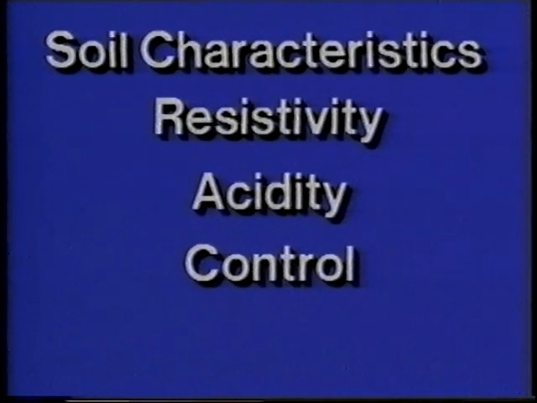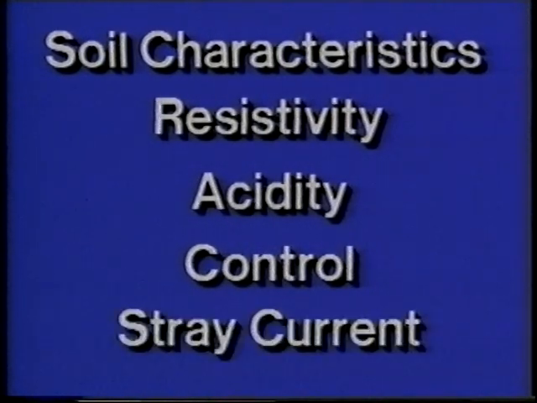Controlling corrosion of steel in soil often involves use of organic coatings or paint, cathodic protection, or switching to alternative materials like cast iron, copper alloys, or plastic pipe. In stray current corrosion, corrosion occurs where current exits the metal pipeline.